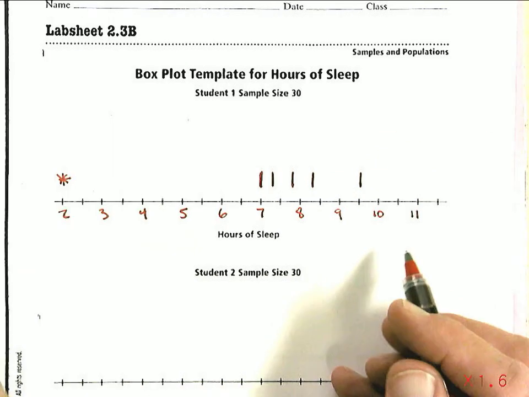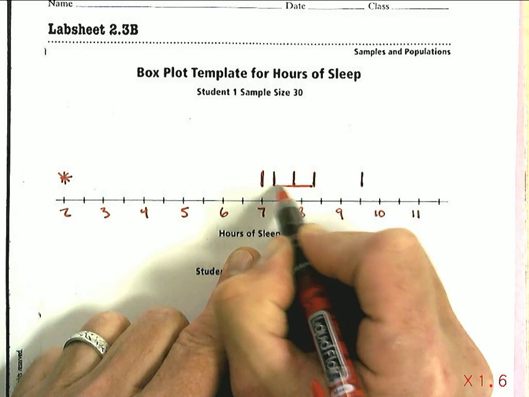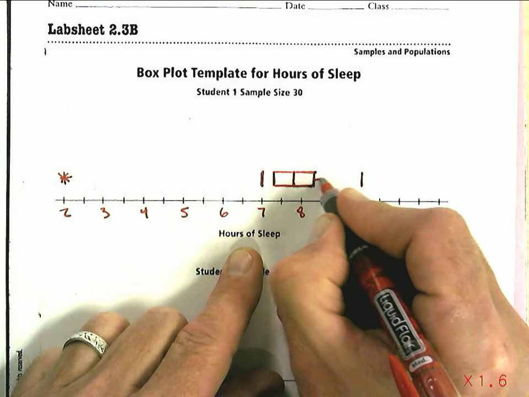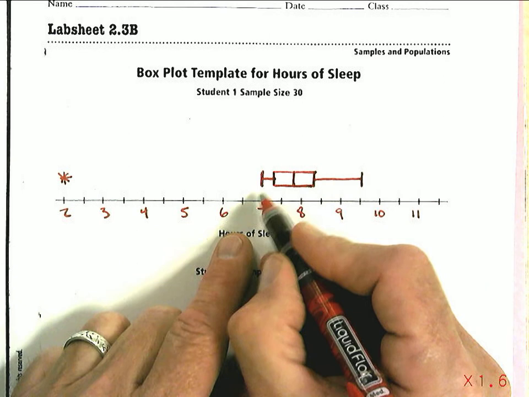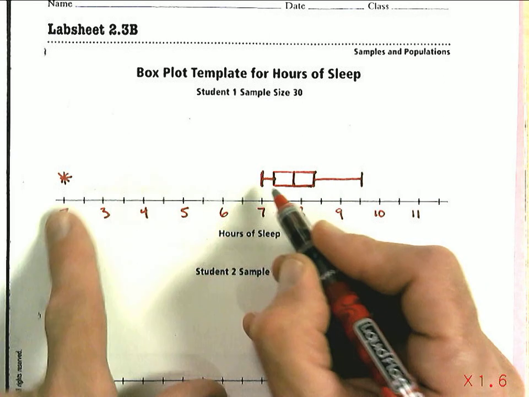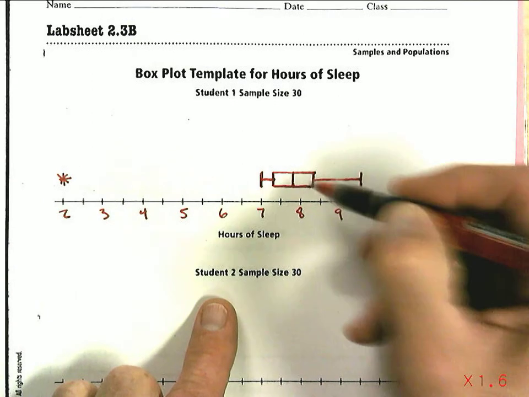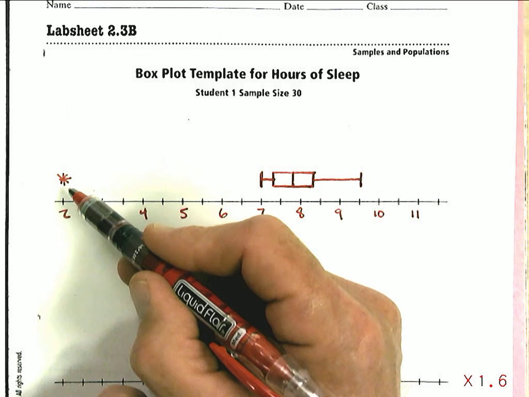And remember the 3 in the middle make the box. And they attach to the minimum and the maximum. Remembering that this really isn't the minimum, but the minimum in this case is an outlier. And if you think about my data, 2 is definitely not a normal number of hours of sleep.